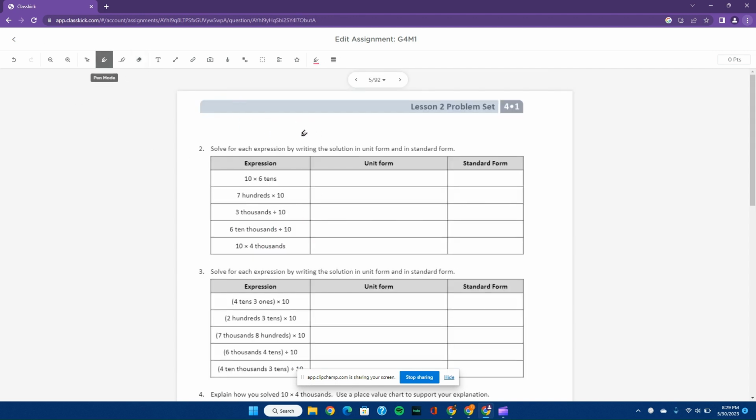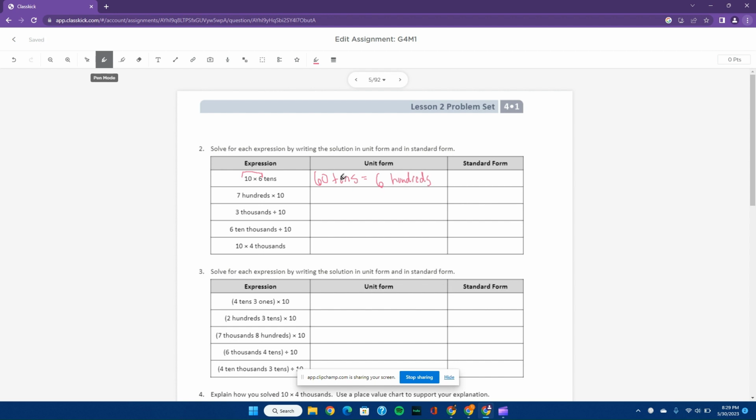Number 2 says solve for each expression by writing the solution in unit form and in standard form. So I'm going to take a look at this first row here where it shows 10 times 6 tens. So 10 times 6 is 60, and that would be tens, which is also equal to 6 hundreds.